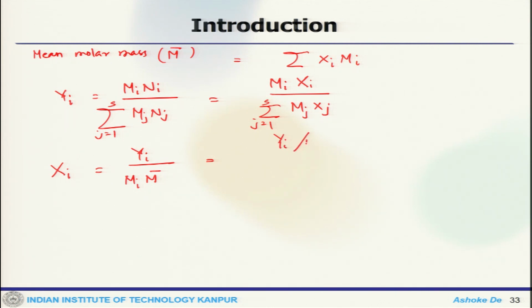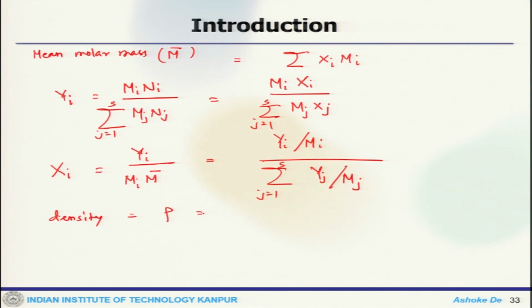So, which can be represented as the sum over j equals 1 to s of yj divided by mj. So, one can find out that thing in that fashion. There are some more things which one can define. One is the density, another important quantity, which is mass by volume.